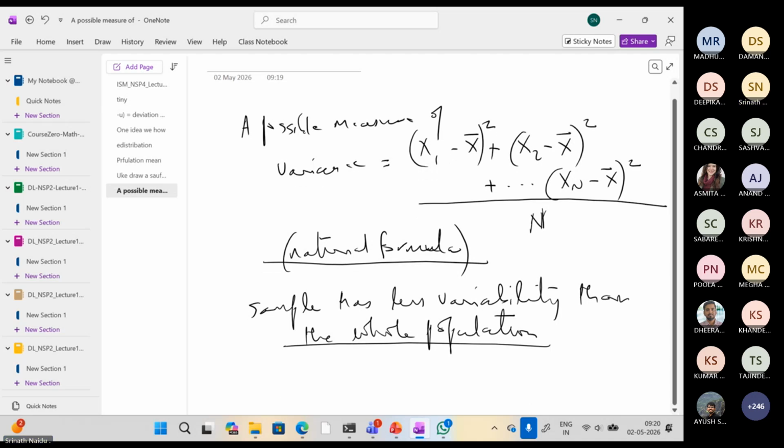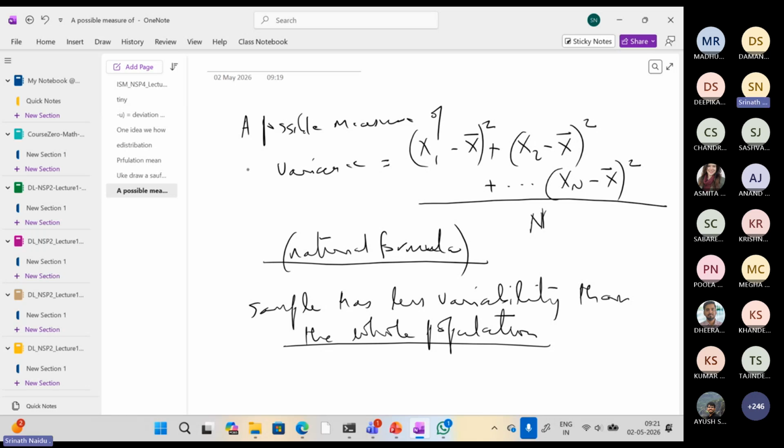It is that x bar already is used to the data. See, x bar was computed from the data, right? X bar is equal to x1 plus x2 plus x3 up to xn divided by n. So x bar already sits bang in the middle of all of the data, whereas the population mean might actually be quite far away.